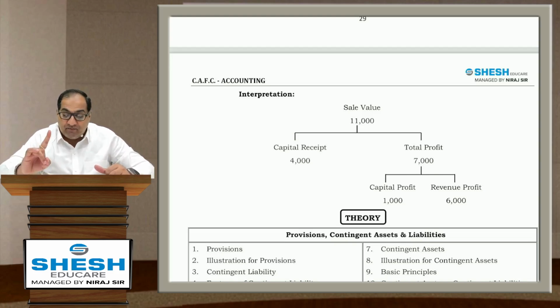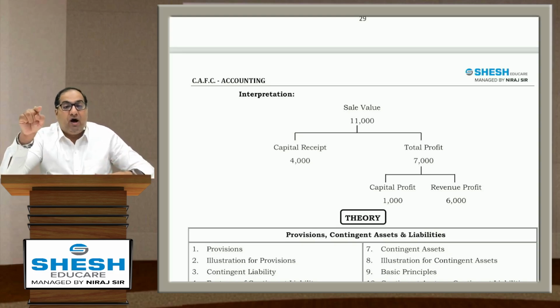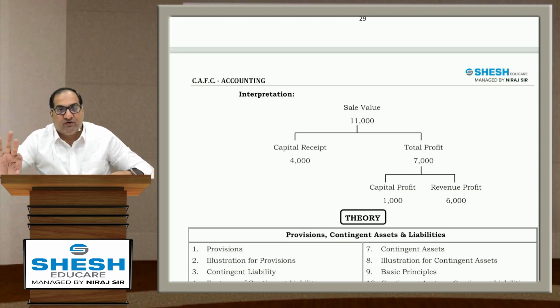Out of that, 1,000 will be treated as capital profit. Anything over and above cost, what you have received, is not day-to-day profit. So it is capital profit. The rest is revenue. So I repeat again. Cost was 10,000, book value was 4,000, selling price is 11,000. Out of 11,000, first 4,000 is a capital receipt.